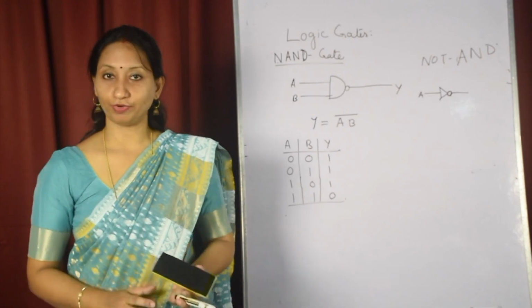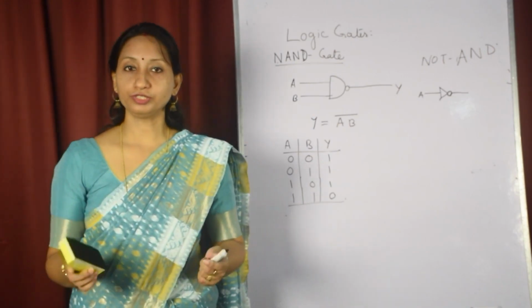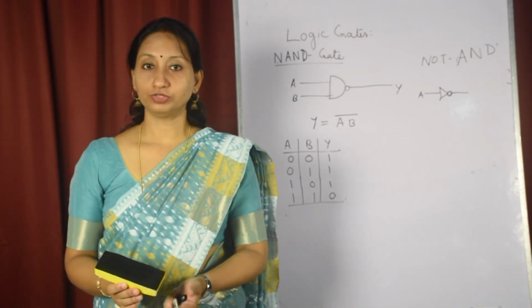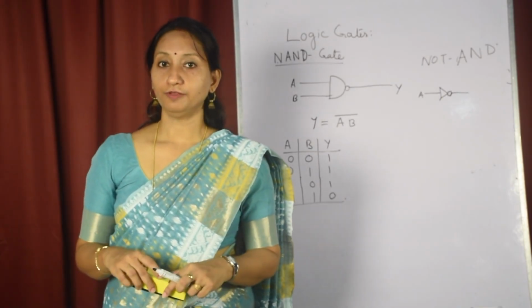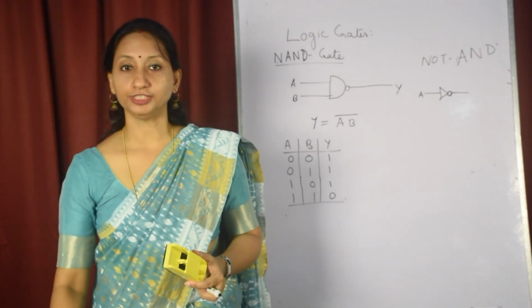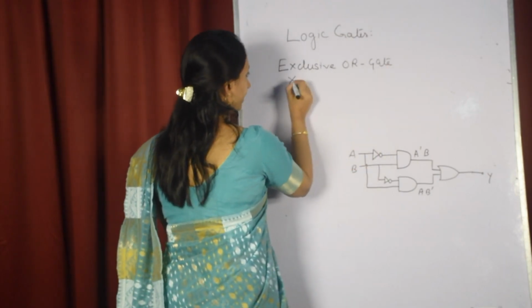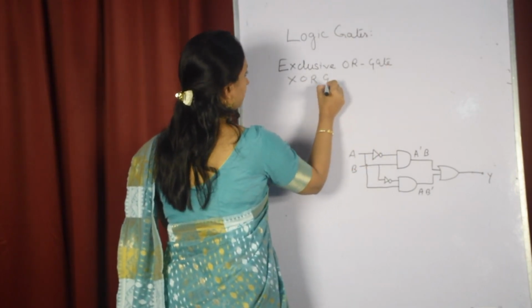Now let us see one example. A truth table, for which I will draw a circuit here, is used to show the behavior of the logic gates. So next we see the XOR gate, which is called the exclusive OR gate, or it can be represented as XOR gate.